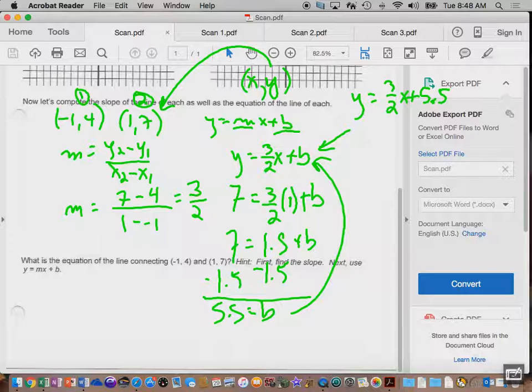So to me, this is one of the harder things we do in this unit for sure. And you know, on a scale of 1 to 10, I'd say this is like a 7 or an 8 in terms of difficulty. So it's certainly not easy, but if you practice it a few times, it gets easy.